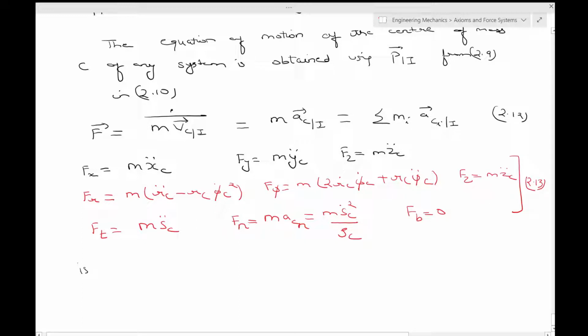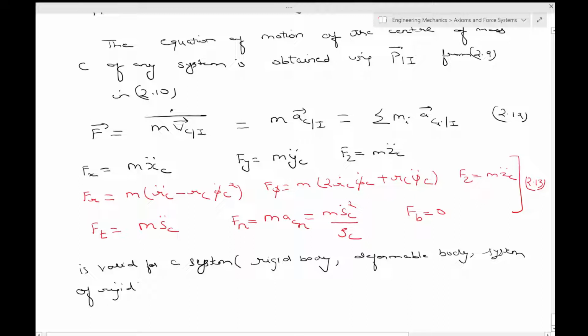It is valid for a system which may be a rigid body, deformable body, or a system of rigid bodies or system of deformable bodies, or a finite or infinitesimal part of a body.